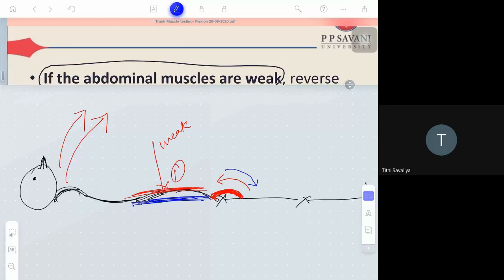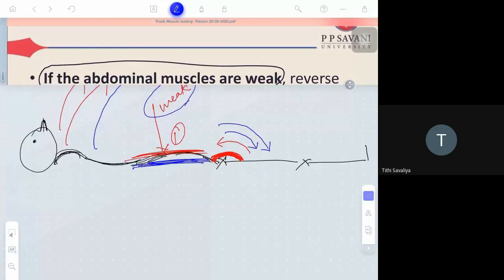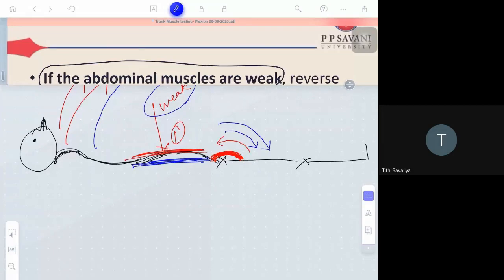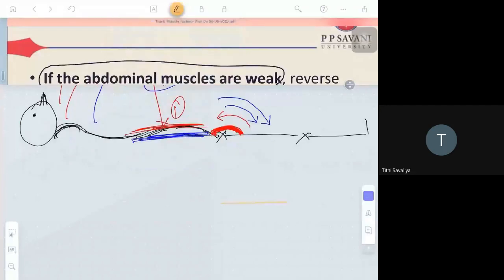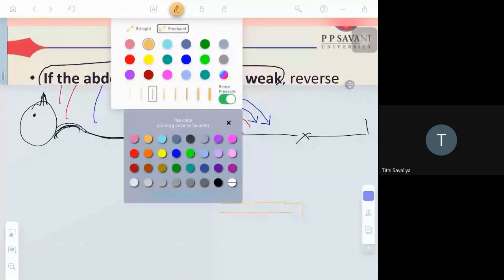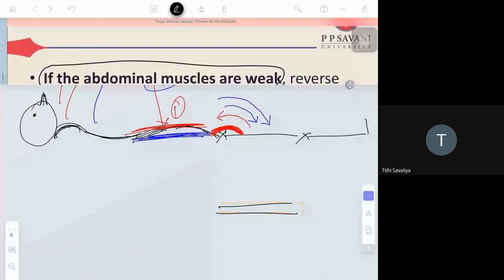Again I'll explain. If the abdominal muscles are weak, when the patient is trying to curl up, the hip flexors will go for reverse action. What will happen if the hip flexors contract in the reverse direction? This is the femur, and this is the pelvis.